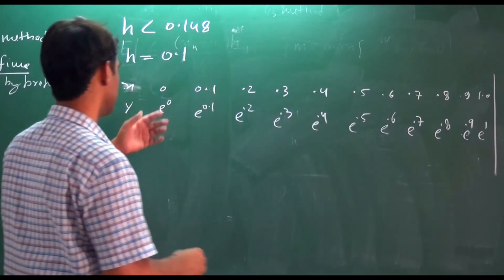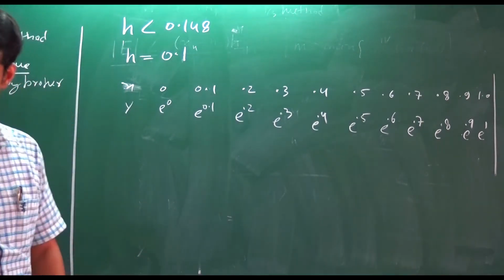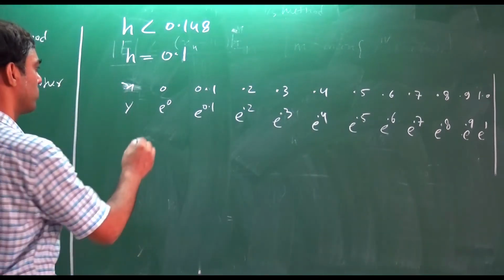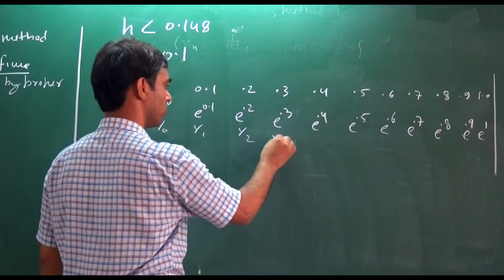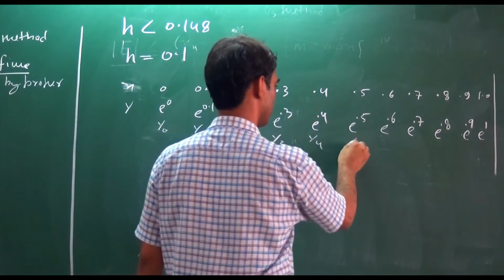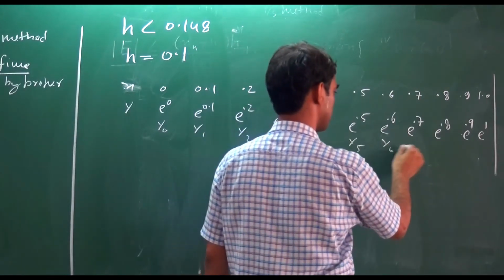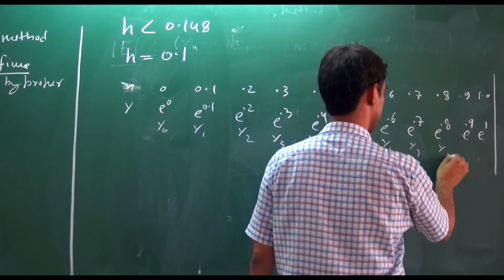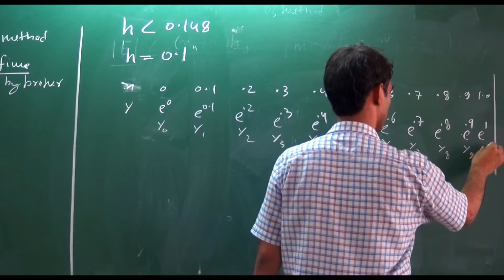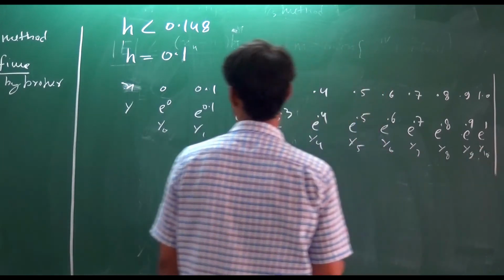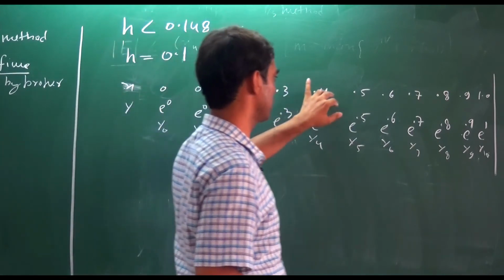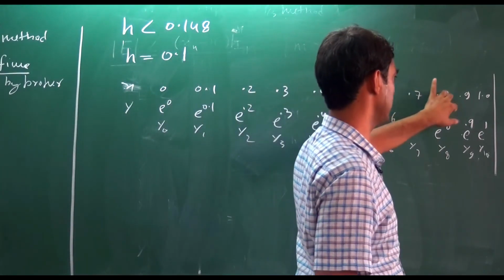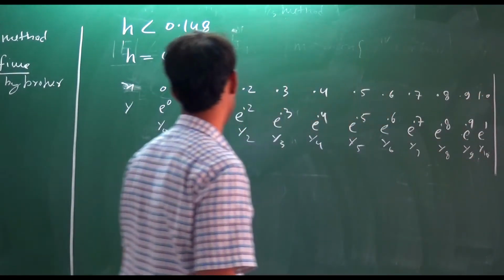So e to power 0 becomes 1. These are the values of y0, y1, y2, y3, y4, y5, y6, y7, y8, y9, y10, and these are the values of x0, x1, x2, x3, x4, x5, x6, x7, x8, x9, x10.